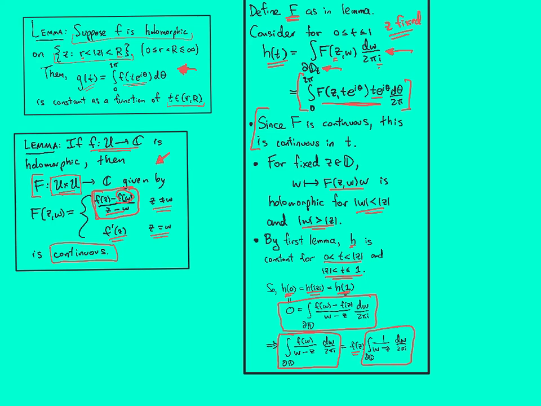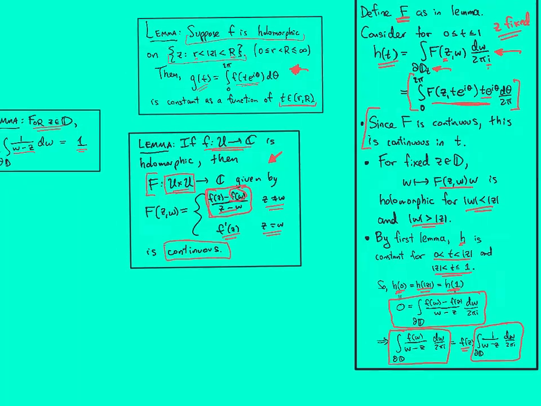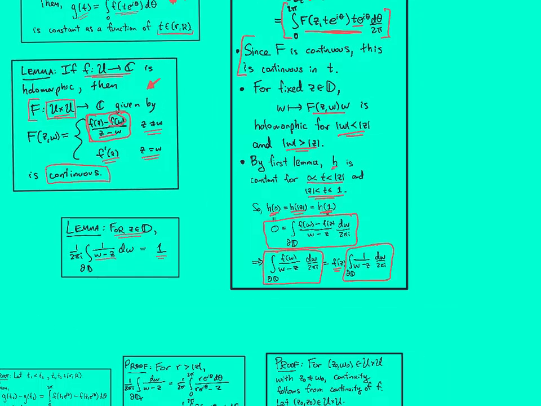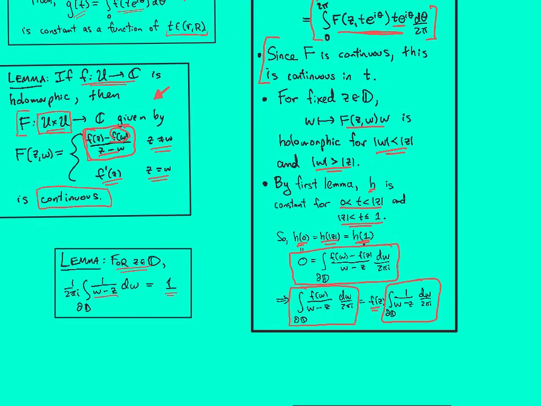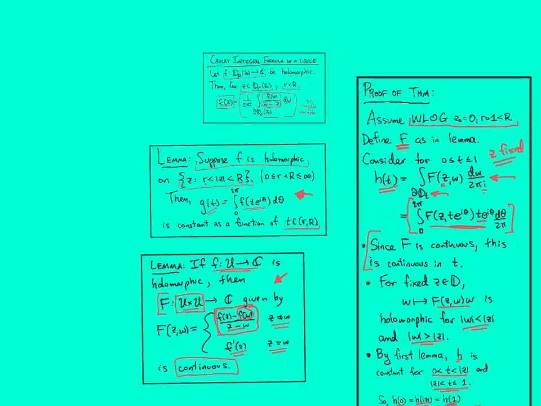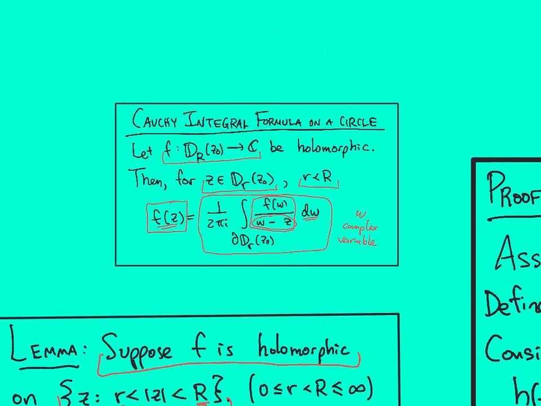And by the second lemma, which was right here, this integral here is just 1, and so we get the formula that we wanted, which was right here. Specialized to the case little r equals 1 and z naught is 0, but again, you can get that from translating and rescaling. In the next video, we'll complete the proof by proving all the lemmas.